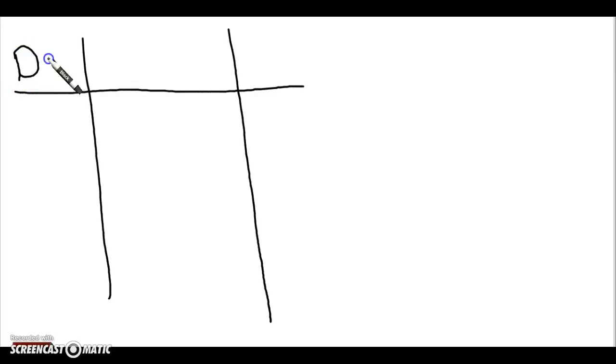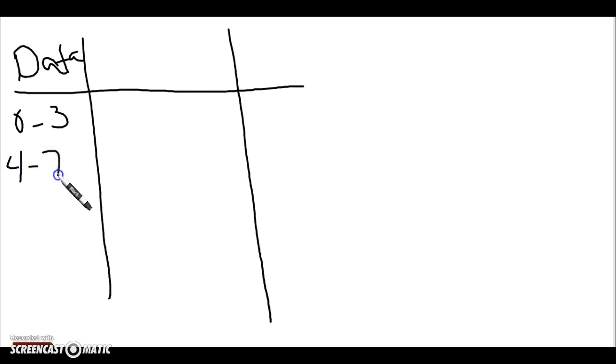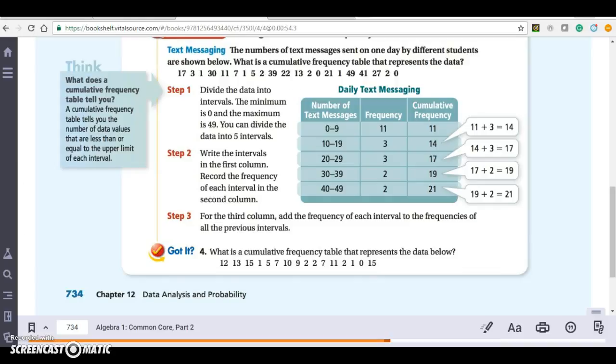So 0 to 3, 4 to 7, 8 to 11, 12 to 15, and I think that's it. We only have 15 as our highest number.